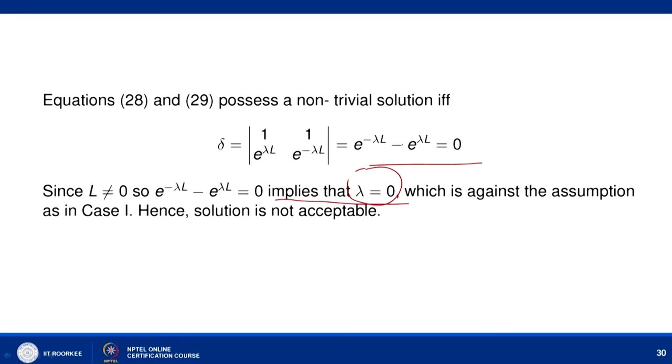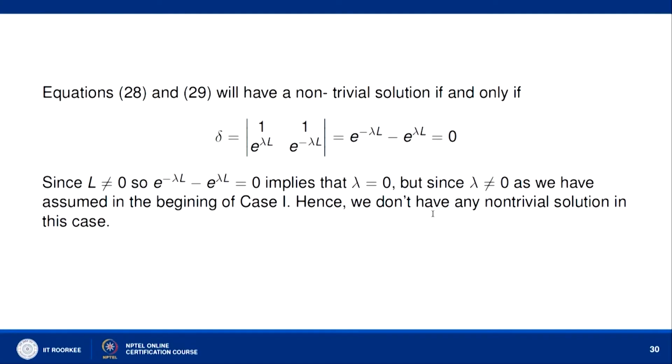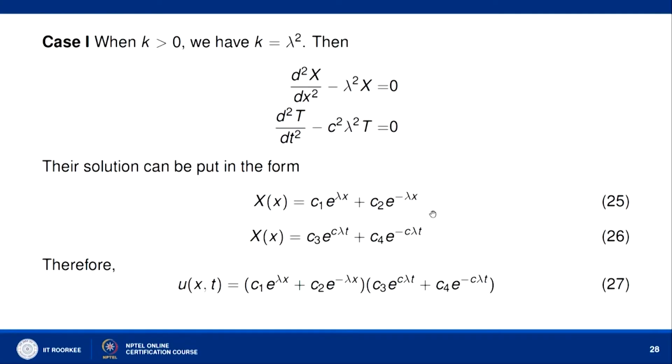So it means that it is against our assumption in this case. So hence our solution is not acceptable, which means in this case when k is positive, we will not get any non-trivial solution. So here what we have seen is that in the case when k is positive, we do not have any non-trivial solution.